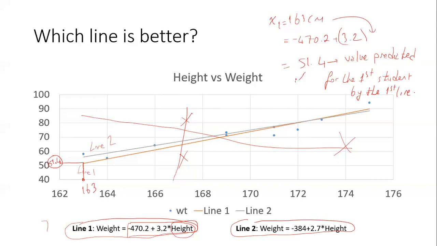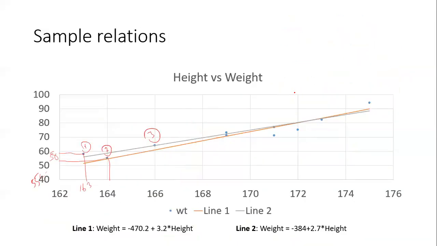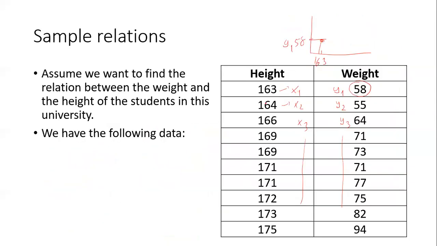So this is in fact y1 hat. This is the predicted response for the first student by the first line. Let me go back and see what the second guy is. The second guy is 164. The third guy is 166. Let's see them.